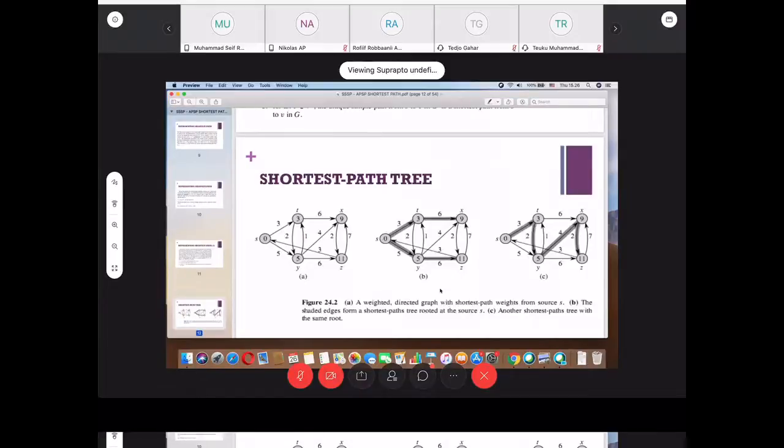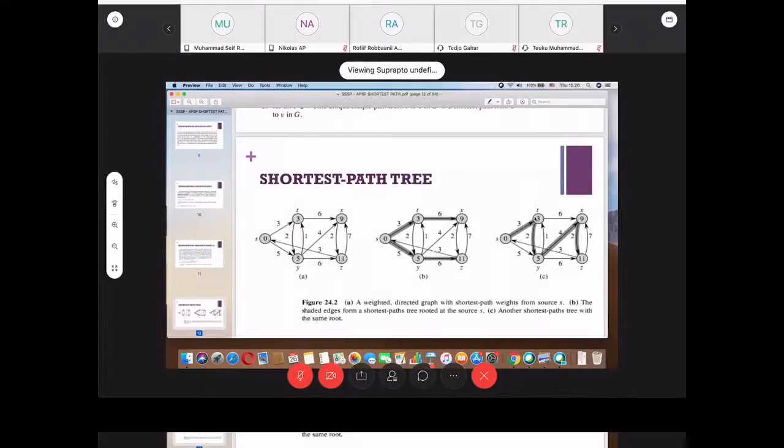Which one is more efficient? Well, according to the use of the solution, I think we cannot decide yet, because we just try to find the shortest path.